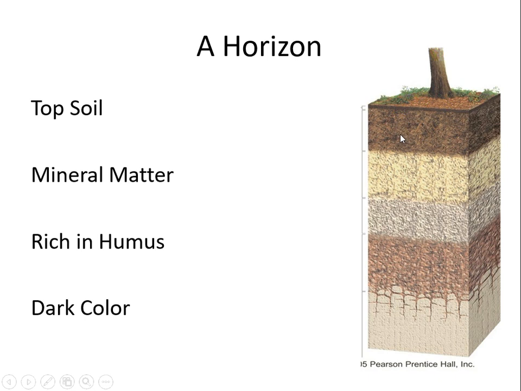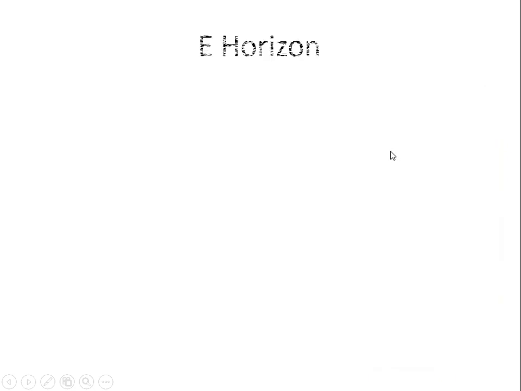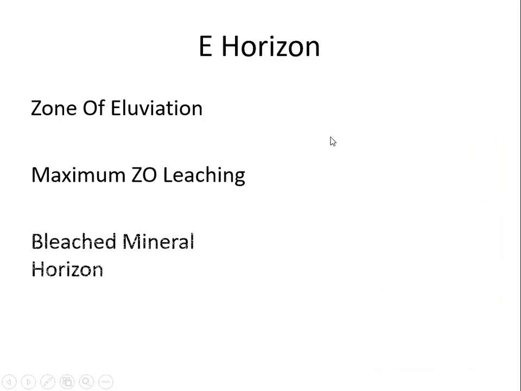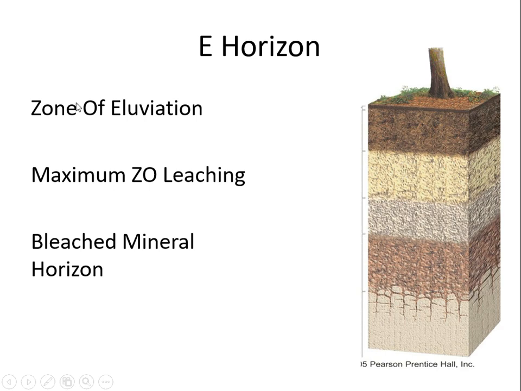However, through that infiltration and leaching down below, we then end up with the E horizon, which stands for the zone of eluviation. When I think of E, I like to think of exit, because what's happening is all the nutrients that were in this location are being leached out or dissolved and carried to a lower horizon.